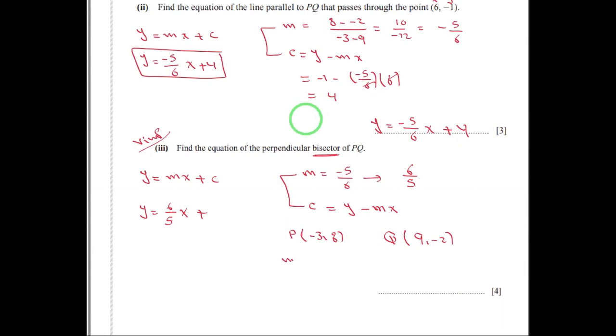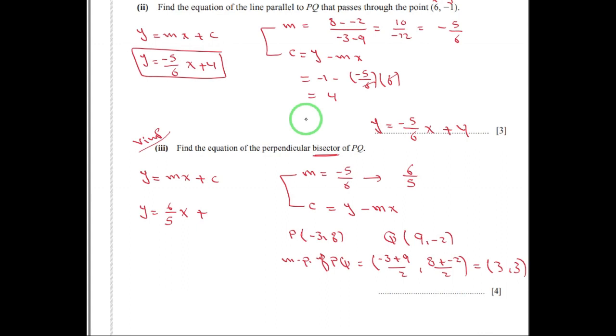The midpoint of PQ is negative 3 plus 9 over 2 and 8 plus negative 2 over 2. This equals 6 over 2, which is 3, and 6 over 2, which is 3. The midpoint is 3 and 3.